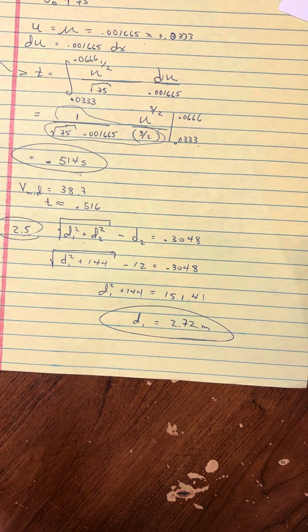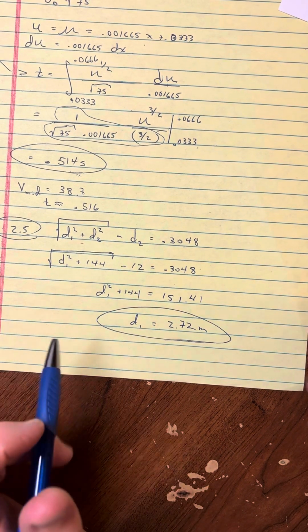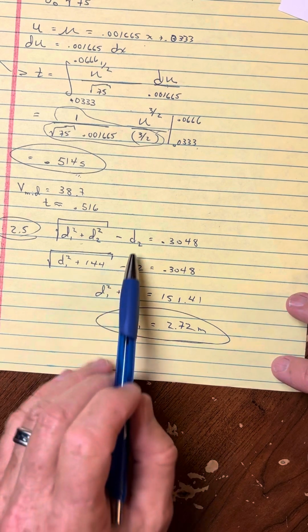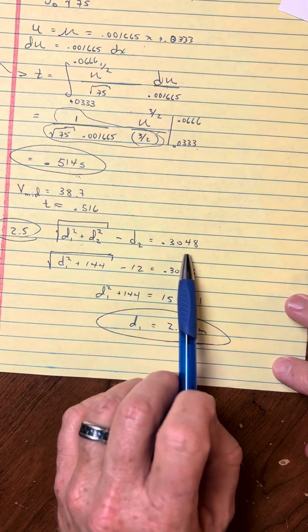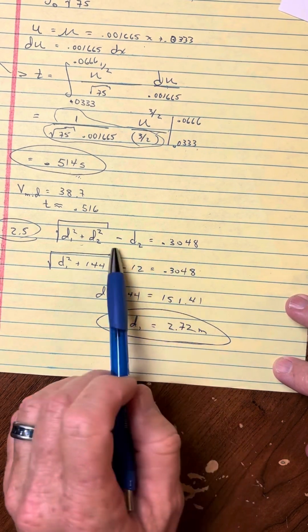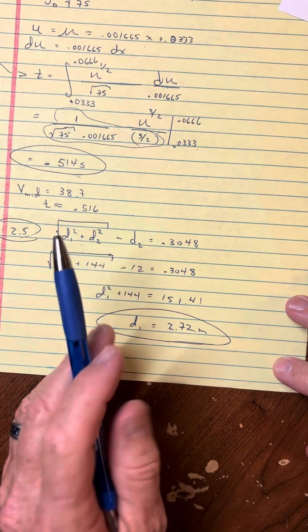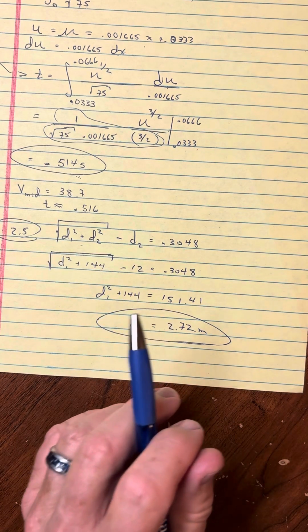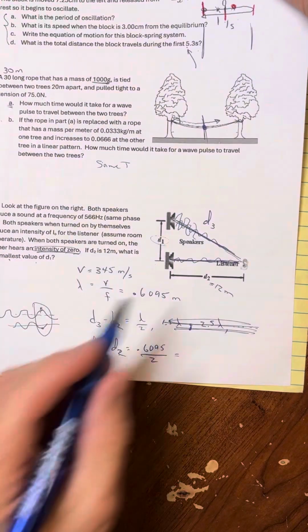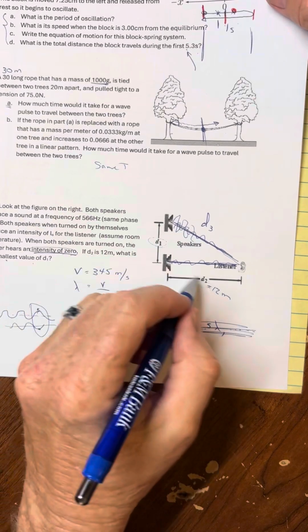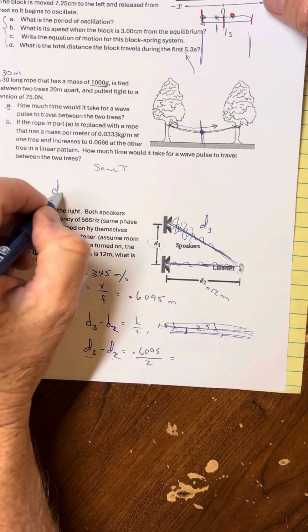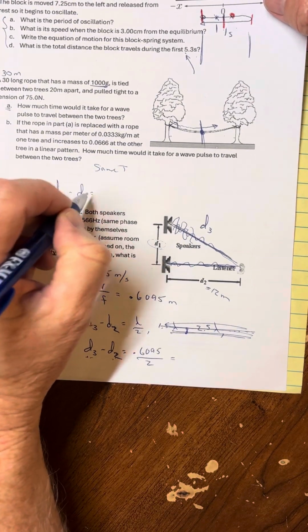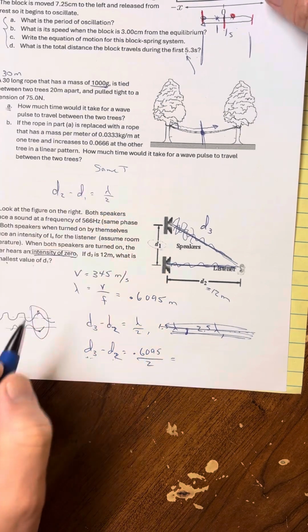If there was any common mistake in here, I guess I would say it might have been in not this side of the equation where you knew it was a half wavelength, but figuring out what the extra distance was. And some of you put D2 minus D1 is a half wavelength.